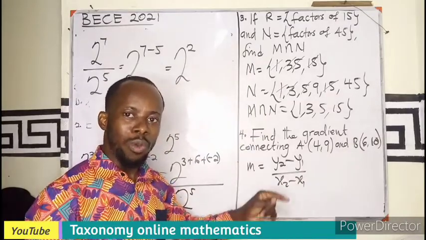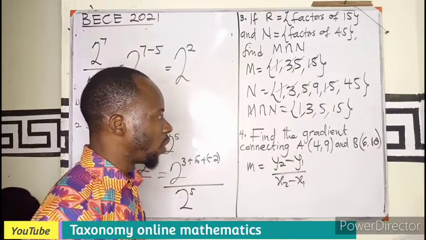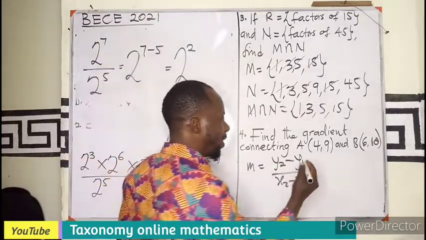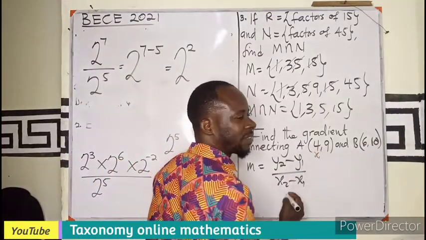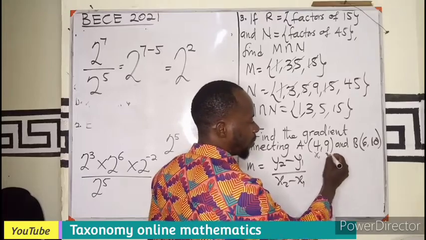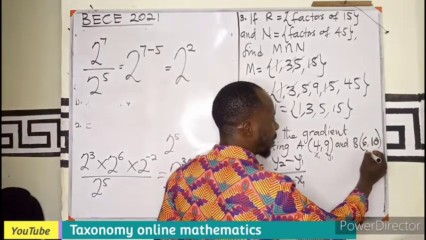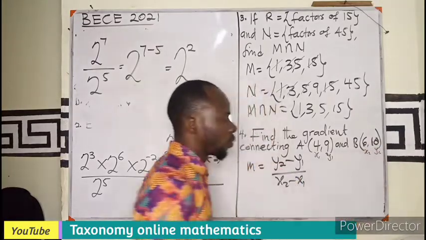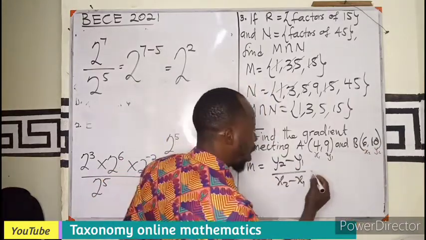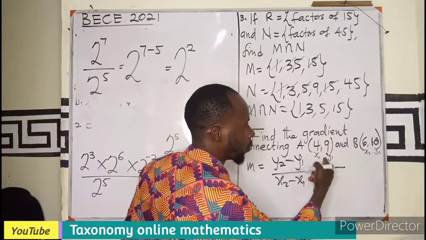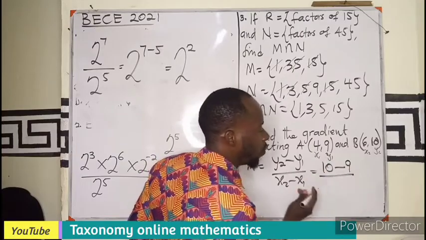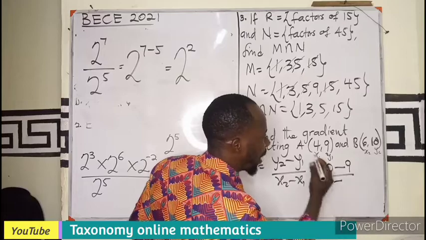No, that will not be in order. So since A comes first, A becomes my first x, y, then x2, y2.